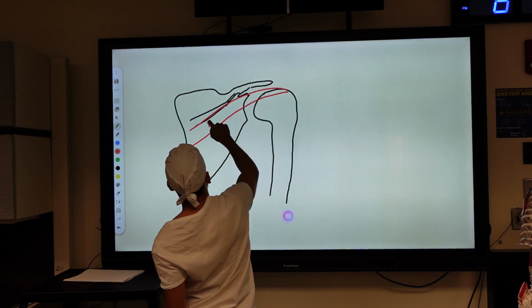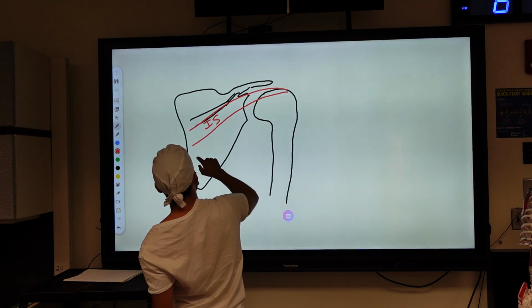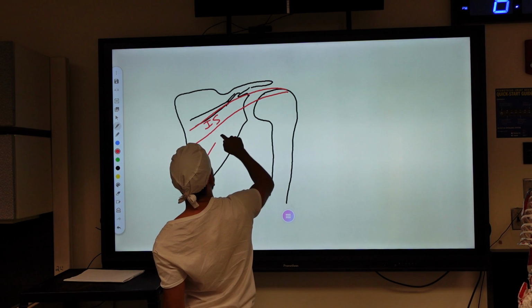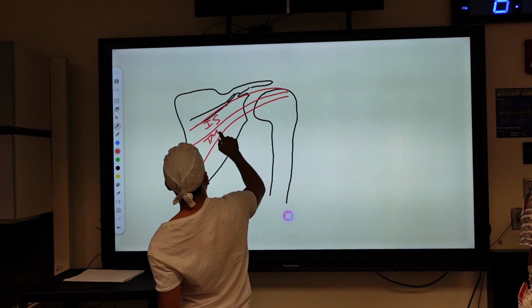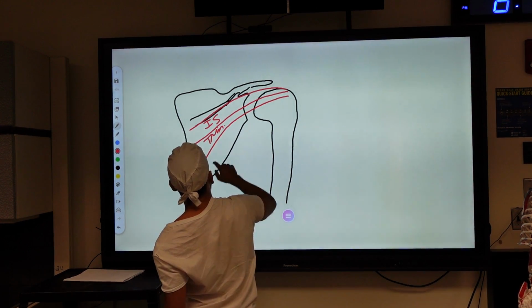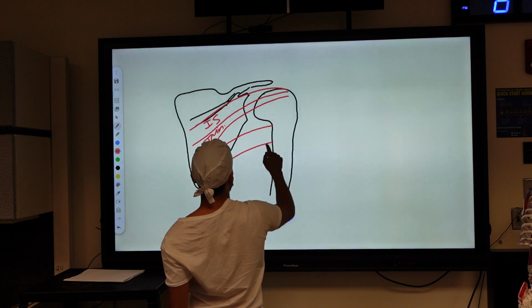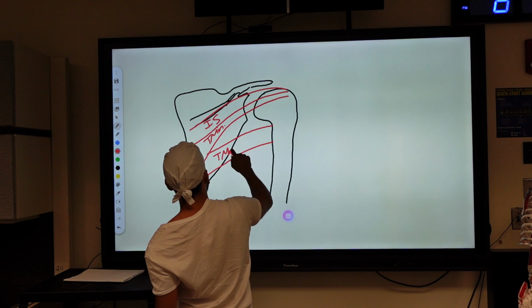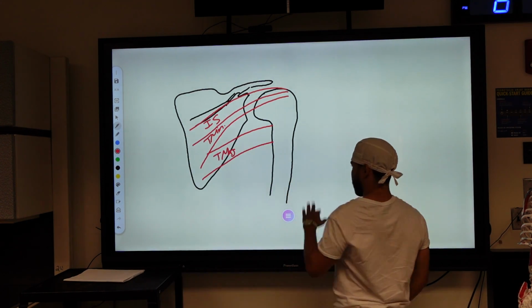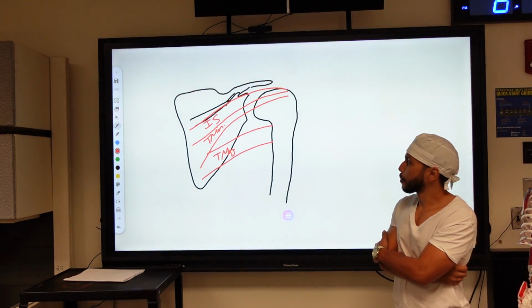Supraspinatus here, a little bit bigger than that, teres minor over here, and teres major going this way. This is us looking at it from the posterior aspect.